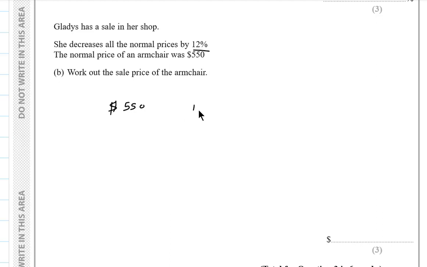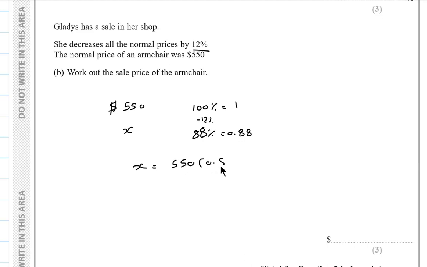This will represent 100%, which is 1. Now we want to know the price after the sale. If we subtract 12% from 100%, the result will be 88%, which is 0.88.